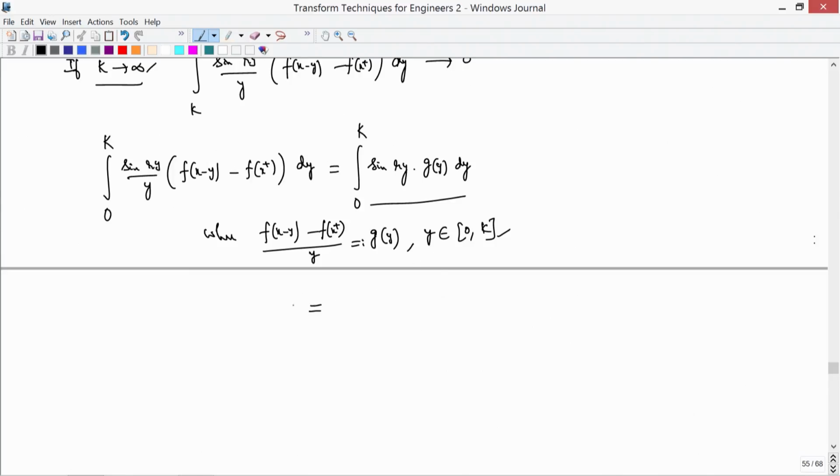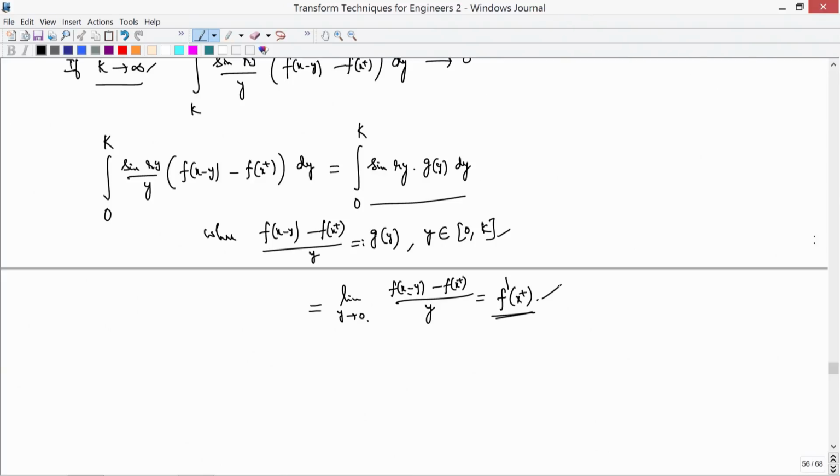At y equal to 0, what happens? We look at the limit as y goes to 0 of f of x minus y minus f of x plus divided by y. This actually goes to the derivative, df by dx, that is f dash at the x plus side.